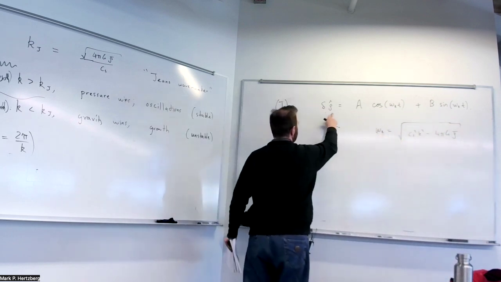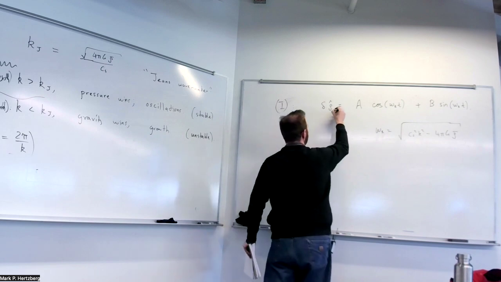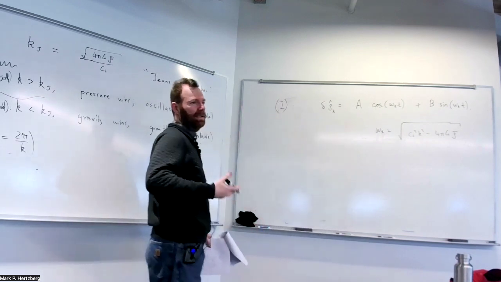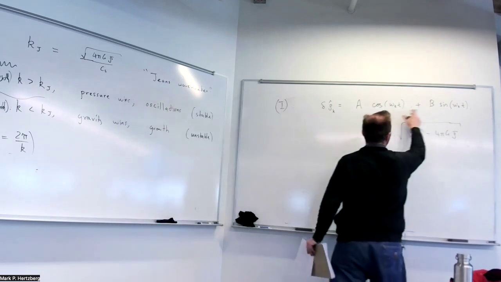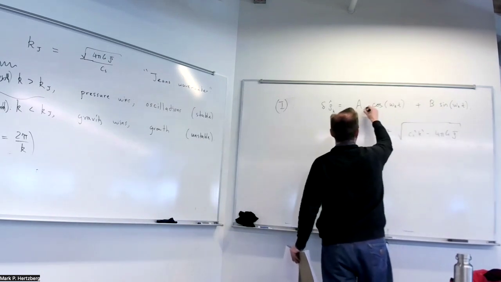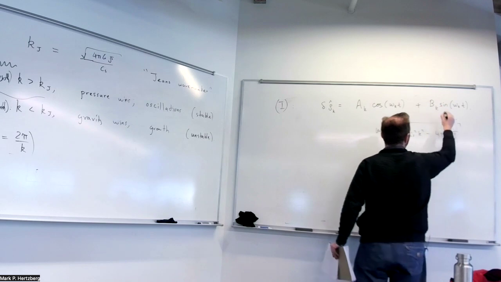And this is really a function of k, right? So I should really put a little k subscript, a function of k and t. So these are the Fourier amplitudes, which can depend on k.